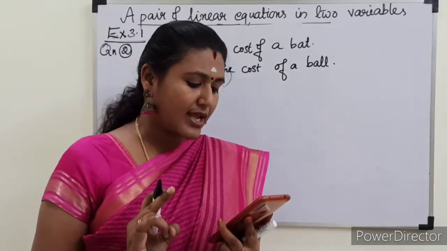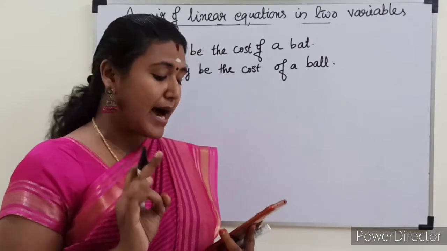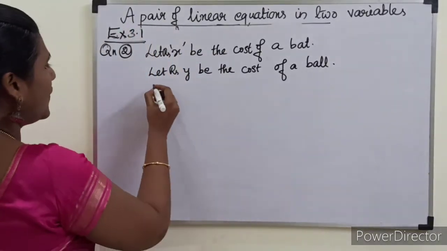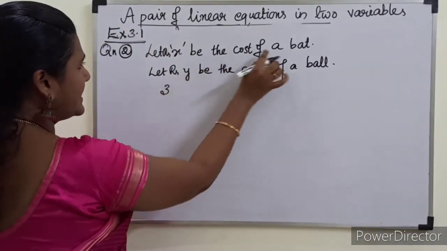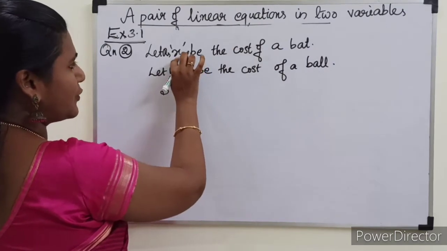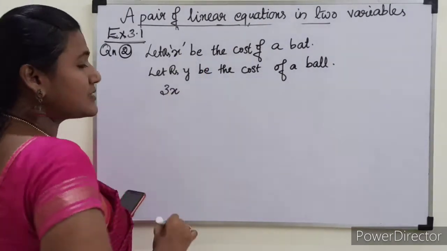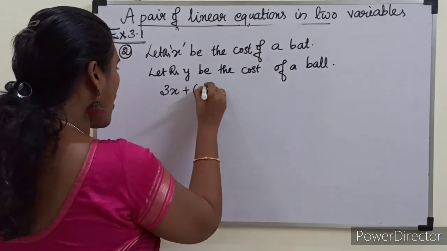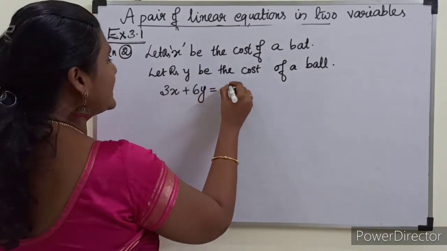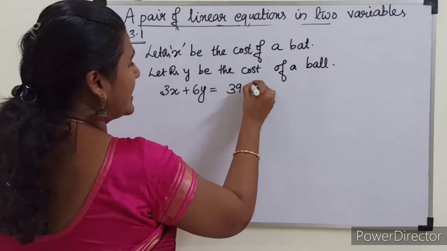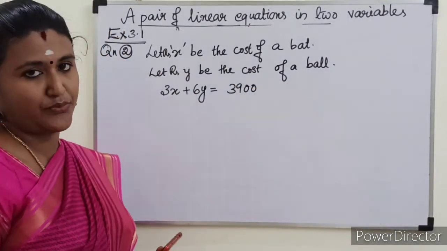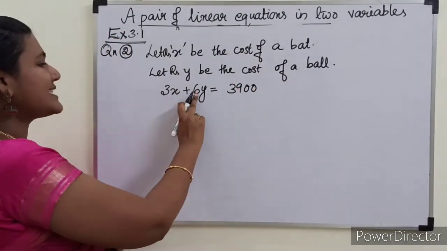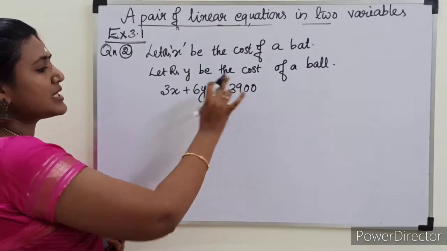The coach of the cricket team buys 3 bats and 6 balls. So he buys 3 bats. One bat is x rupees, then 3 bats will cost 3x. 3 bats and 6 balls for rupees 3,900. So this is our first equation: 3x plus 6y is equal to 3,900.